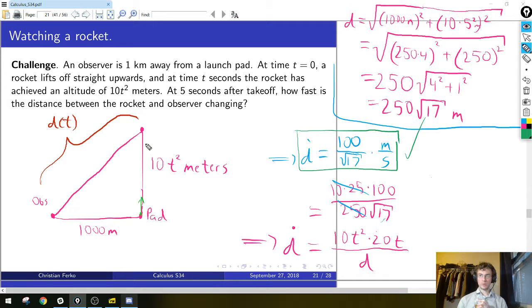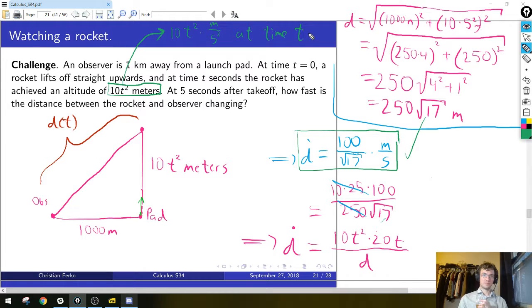What they should have said, if they were being careful about units, is that at time t, the rocket has achieved this altitude of 10t squared meters. What they really should have said is the rocket has obtained altitude 10t squared times meters per second squared at time t.